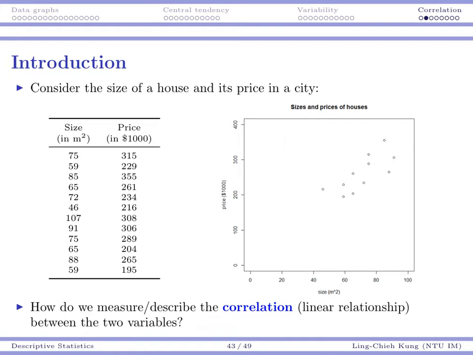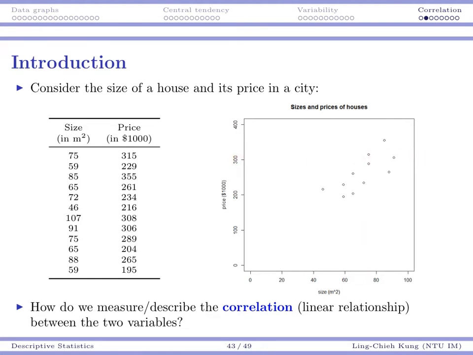The first thing I want to do is to draw a scatter plot to get some intuition about their relationship. For example, let's see where the first house is. It's around 75 and 315. So 75 is around here and 315 is around here.